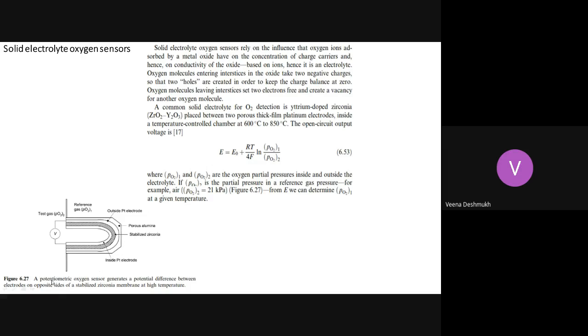So this is a potentiometric oxygen sensor, which generates a potential difference between the electrodes on the opposite sides of a stabilized zirconia membrane. So the zirconia membrane is under test.